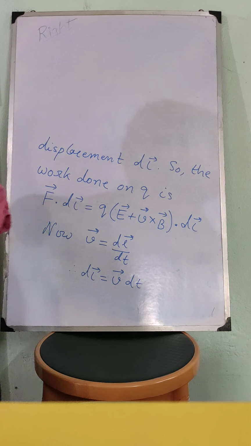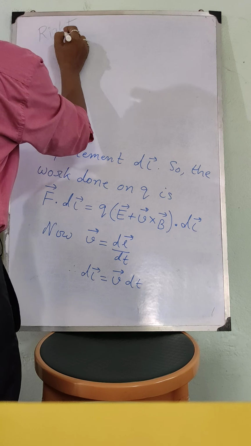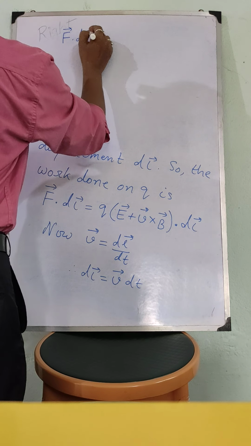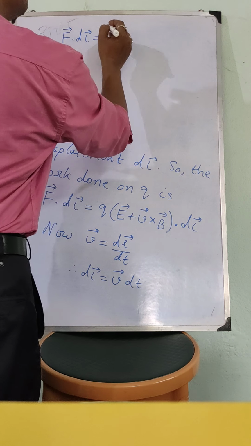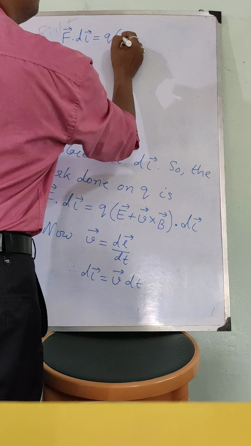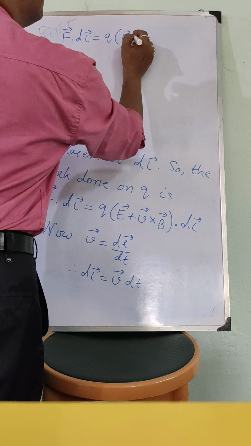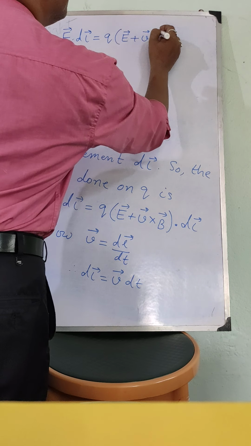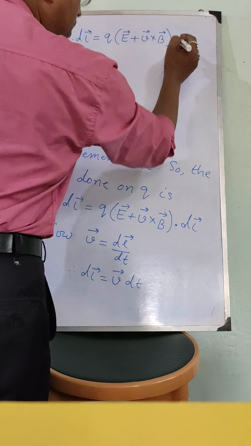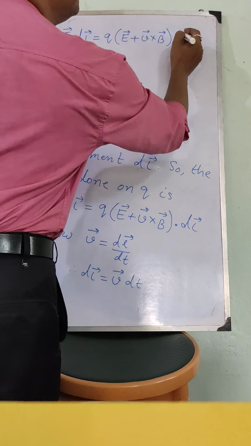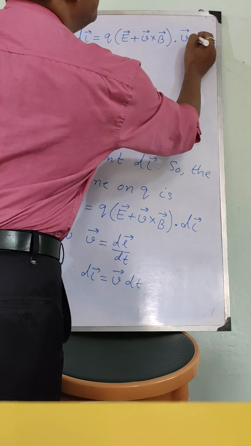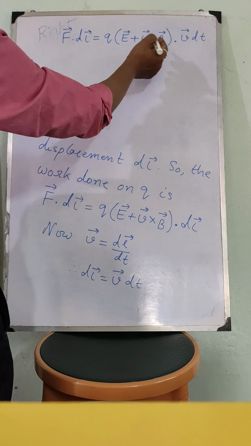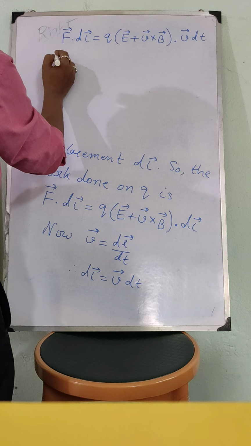So F dot dl is equal to Q into (E plus V cross B) dot, now dl I will write V dt. Now I can break this summation.